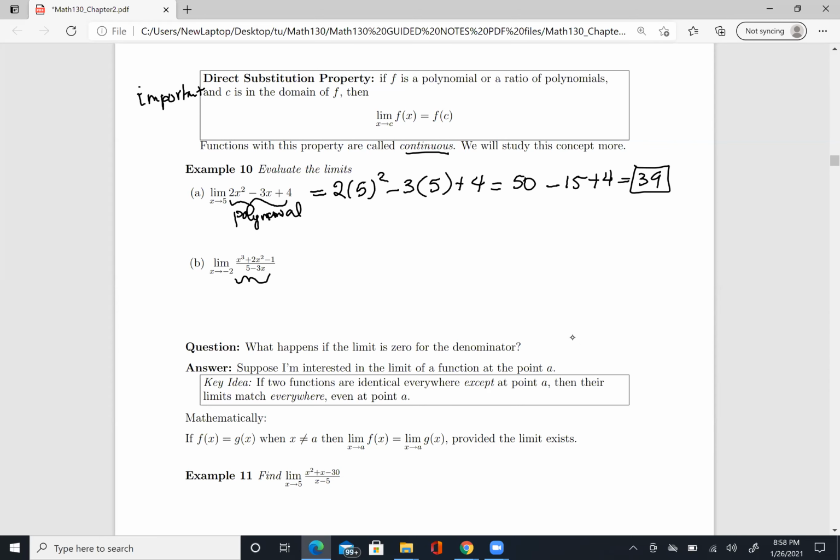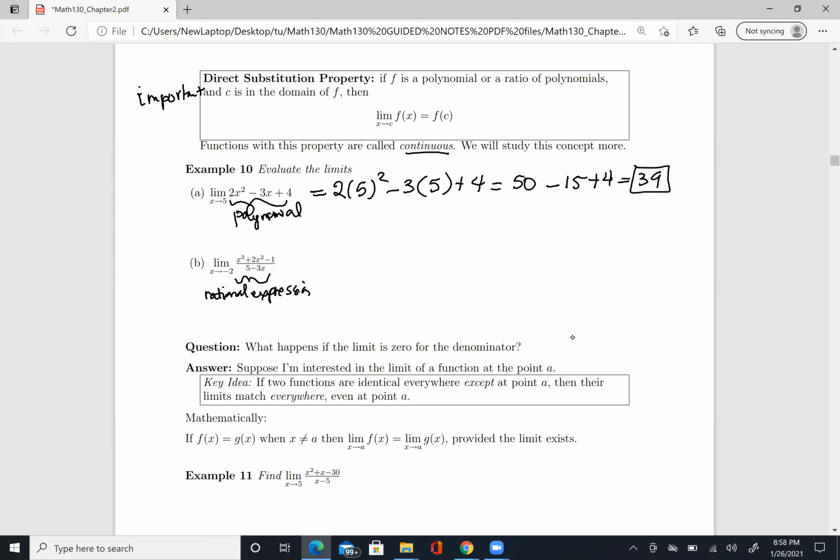This is a rational expression. Since it is a rational expression, you need to make sure the bottom is not equal to 0.